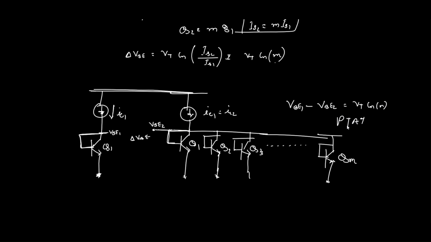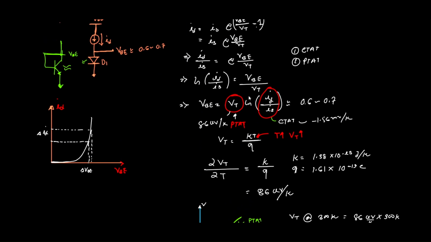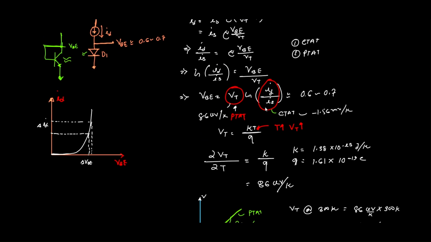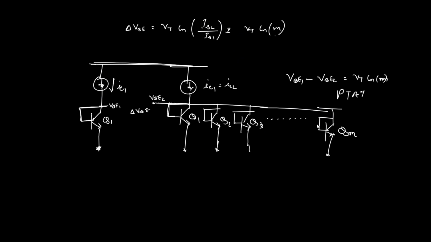So we can increase the slope of this PTAT by changing this multiplying factor M, because as we see in the previous equation, this is a dominating factor. That's why if we take M times of BJT, then we can generate this PTAT voltage. So from this one we can generate the CTAT, and by this difference we can generate this PTAT voltage.